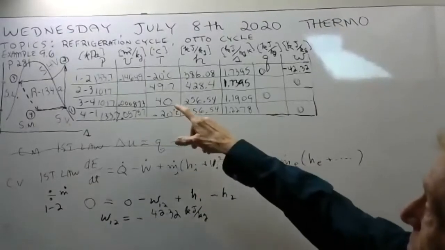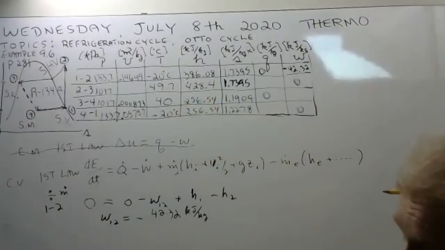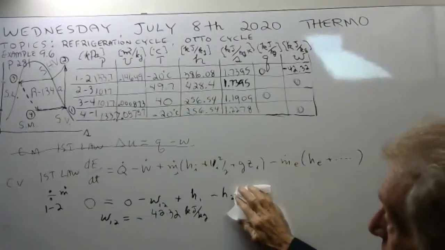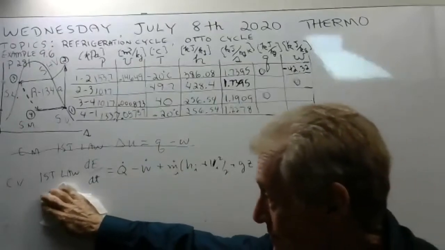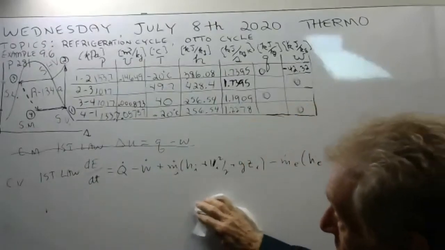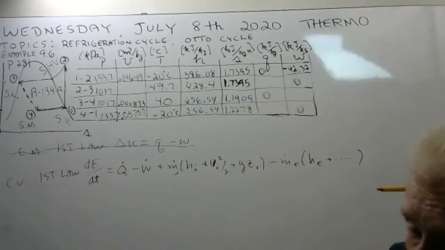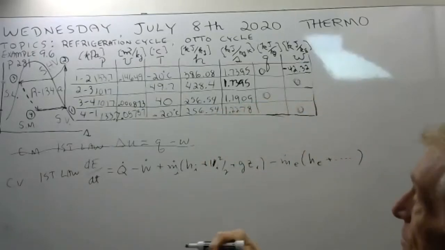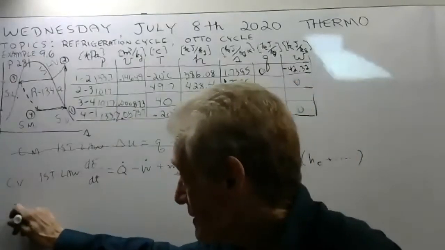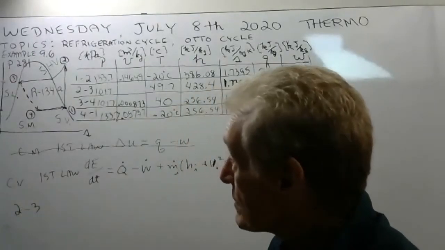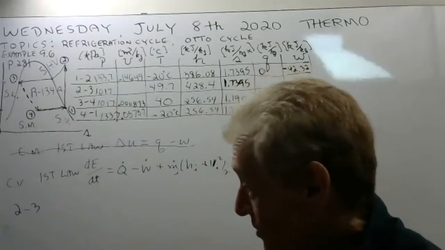Let's do process 2 to 3 then. And I need a little room here. Let me erase that. And what we're going to do now is process 2 to 3. Well, what's that? That's the condenser.